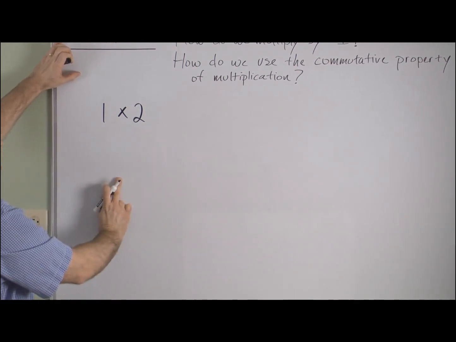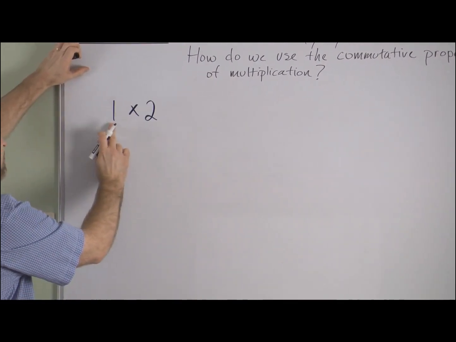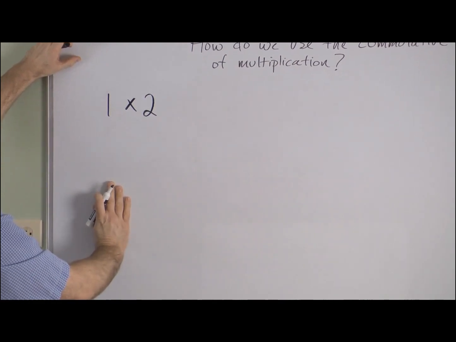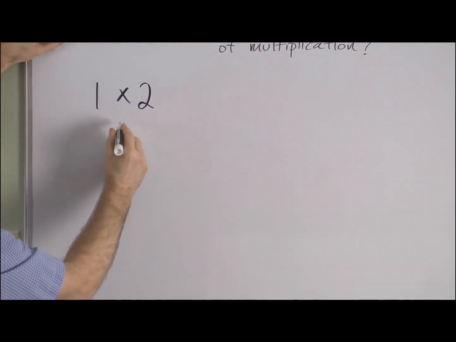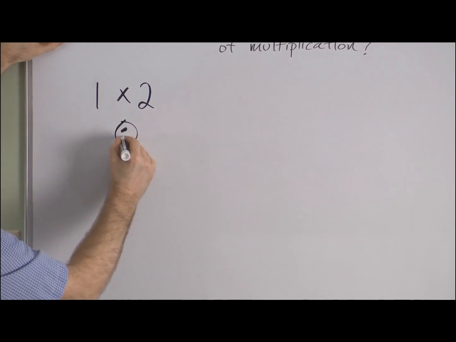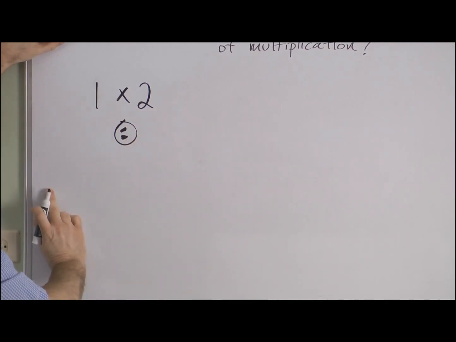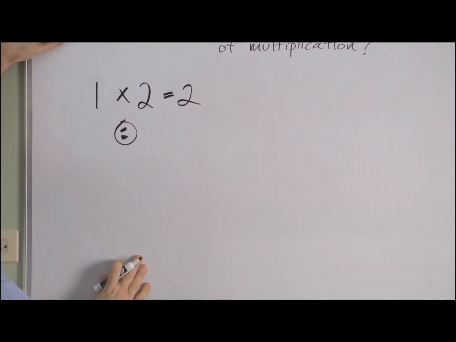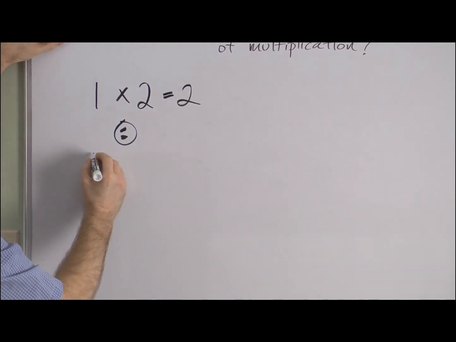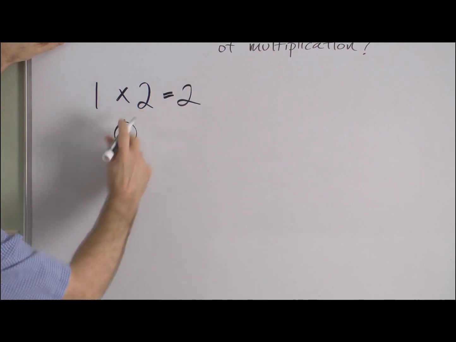Very straightforward problem. Here we have one group of 2. What I'm going to do is I'm just going to go ahead and draw the picture. It's a group of 2. We have one group. Count the dots.